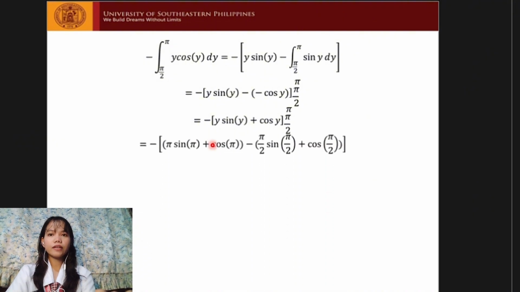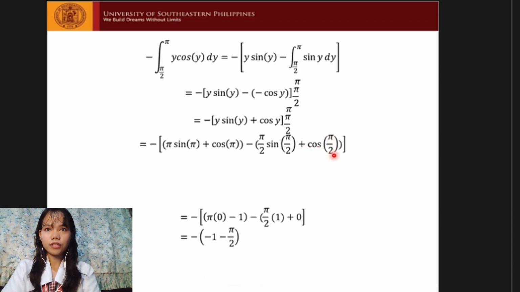So, what we have right now is the negative of pi sine pi, which we all know that sine pi equals 0, plus the cosine of pi, which equals negative 1, minus pi over 2 multiplied by sine pi over 2. The sine of pi over 2 equals 1. And adding the cosine of pi over 2, which is 0.